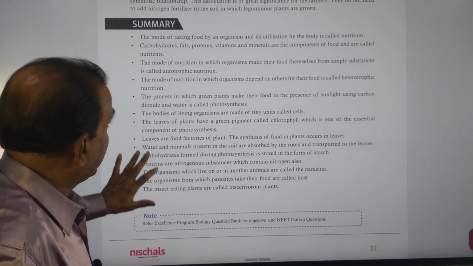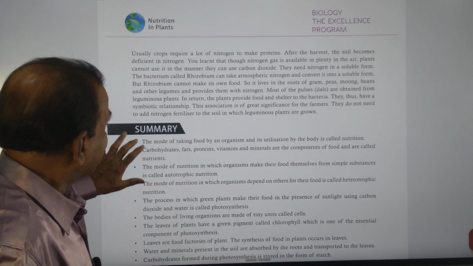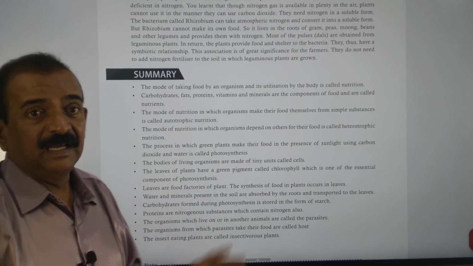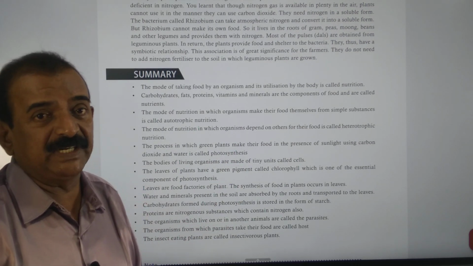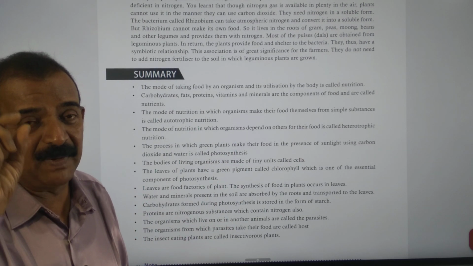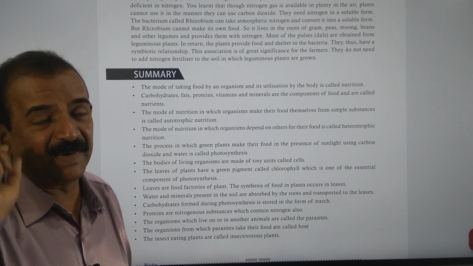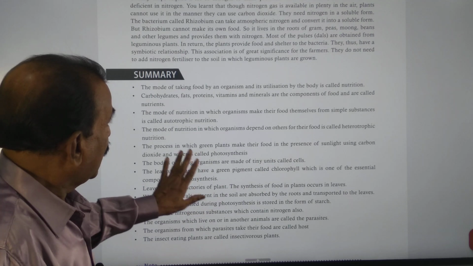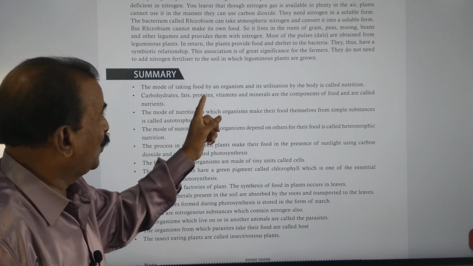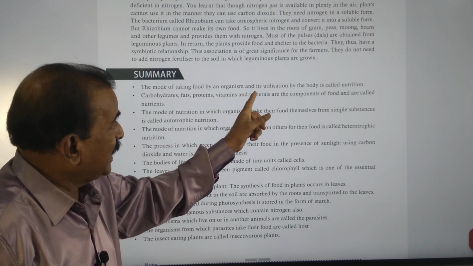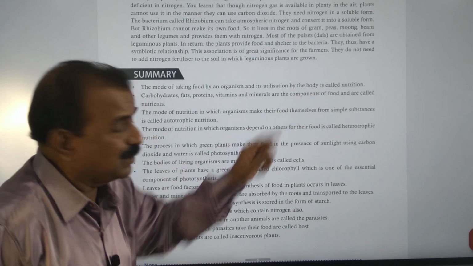Now we need to understand the summary of this chapter 2, nutrition in plants. I told you the mode of taking food by an organism and its utilization by the body is called nutrition.